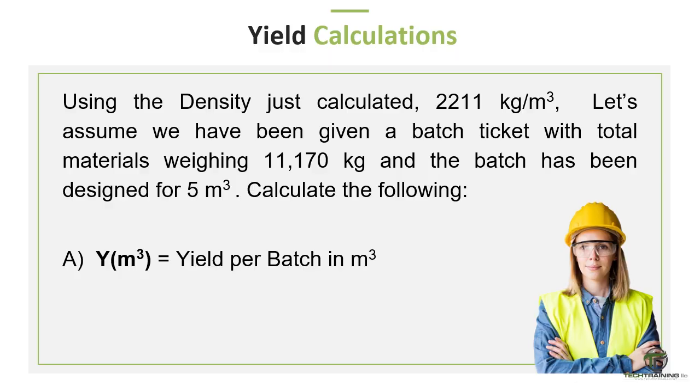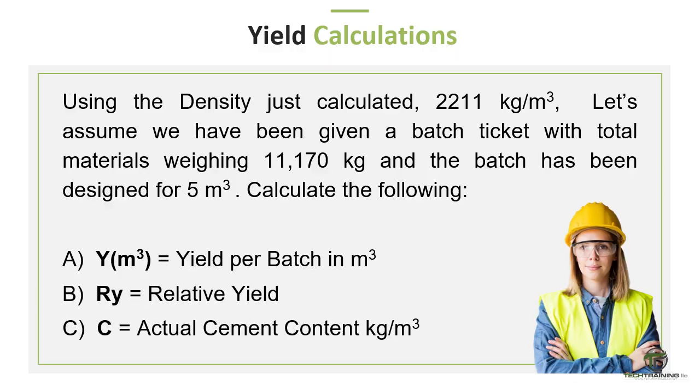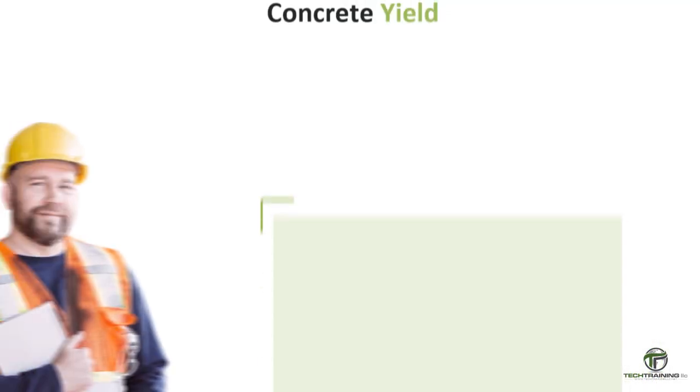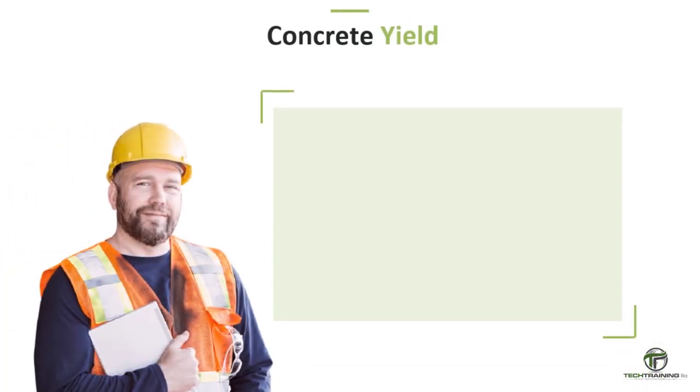We are now going to calculate the yield per batch in cubic meters, the relative yield, and the actual cement content in kilograms per cubic meter. From the previous slide, we have obtained that the total mass of the materials present in the received batch is 11,170 kilograms. D, which is the unit weight of concrete, was calculated to be 2,211 kilograms per cubic meter.